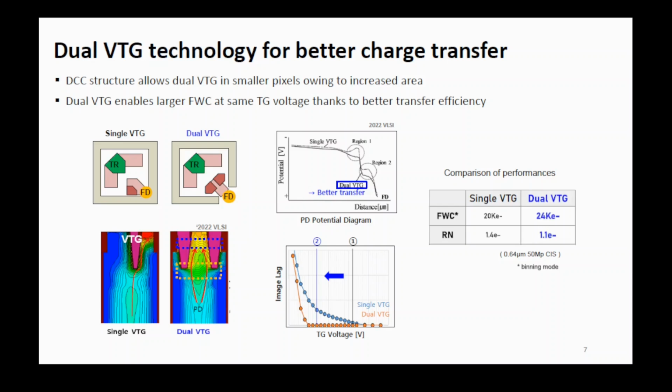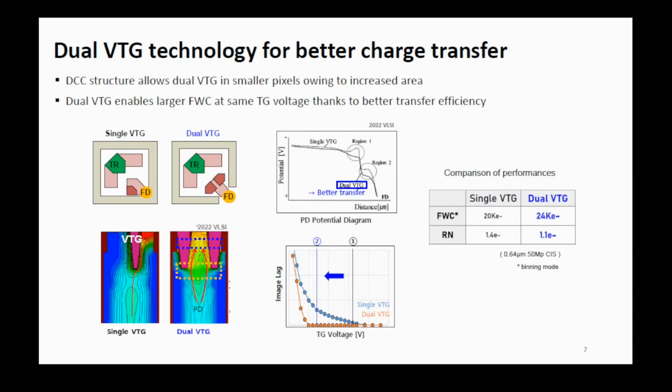We can keep the transfer efficiency, for which one metric is the image lag, at the same level or better at the same TG high voltage. Or we can use this dual VTG technology to keep the full well capacity at the same level and reduce the TG high voltage.